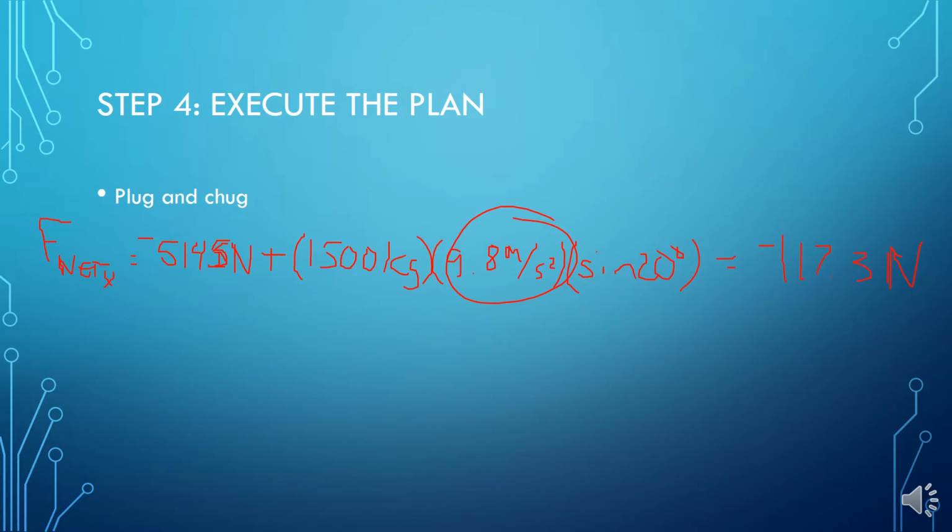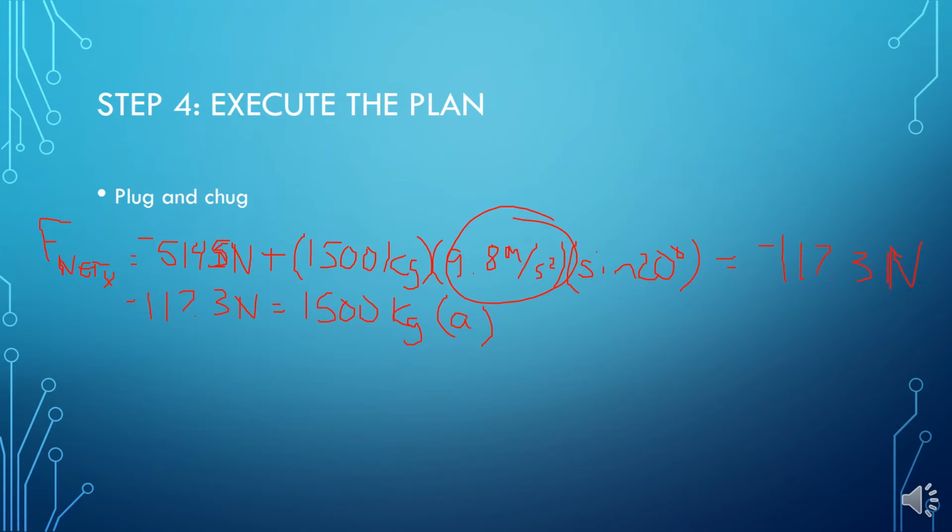So now we have F net in X. We also know that's going to equal the mass times the acceleration. So I can say negative 117.3 newtons equals 1,500 kilograms times a. Plug and chug again.